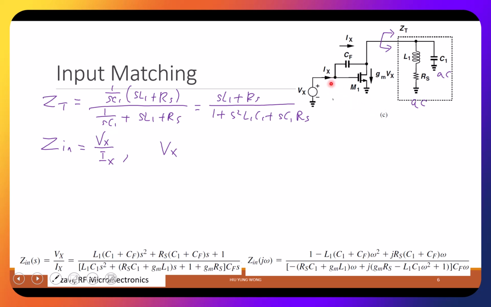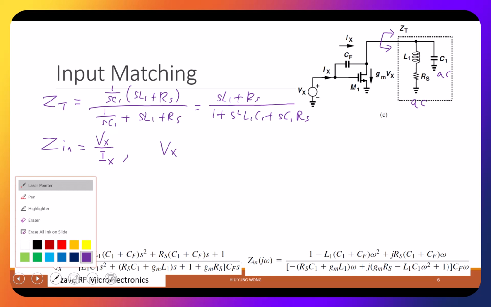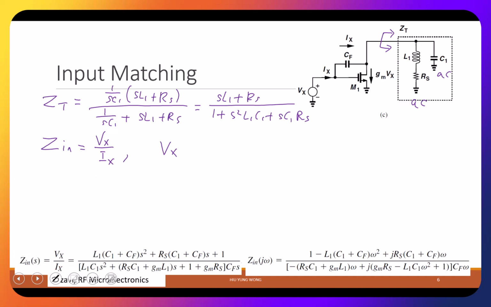It is just equal to the Ix times the impedance here. Not Ix, this is not Ix, sorry. Why would you put Ix here? This is confusing. I don't know, I copied it from the textbook. Maybe when I cropped it, I did not crop it right.